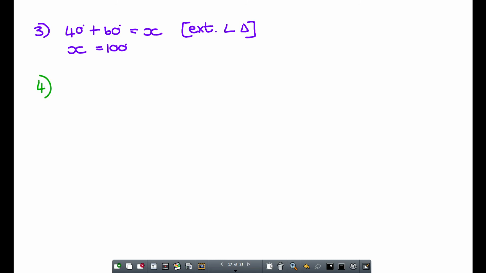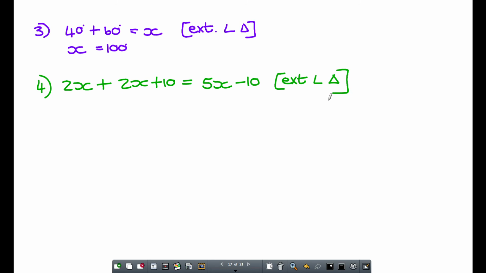Okay, number 4, I add up my two interior angles, so 2x plus 10, and that must be equal to the exterior angle of 5x minus 10. Reason would be exterior angle triangle. Okay, so let's just quickly simplify. 2x plus 2x gives me 4x plus 10.